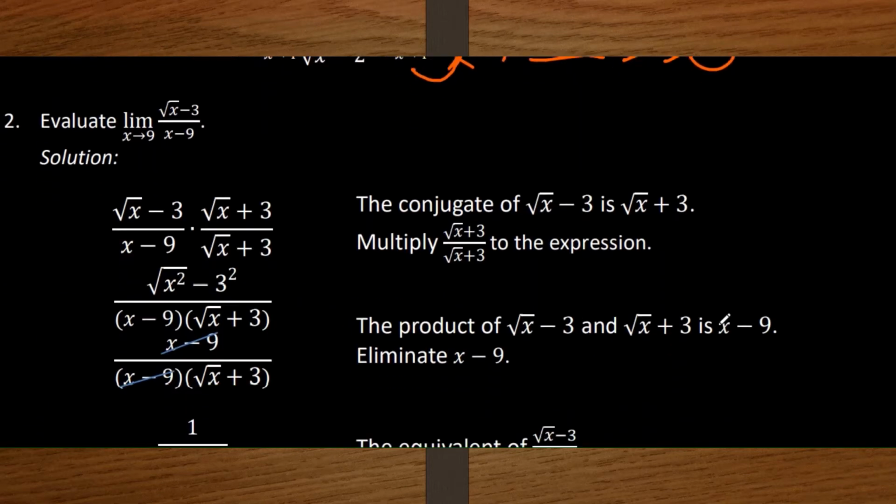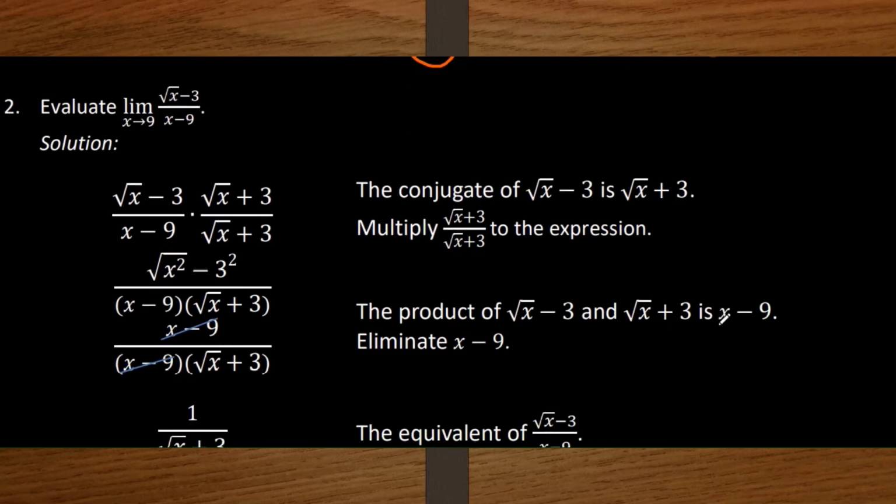Now in the second example, we are going to evaluate the limit of square root of x minus 3 over x minus 9 as x approaches 9. So here, square root of 9 is 3, so 3 minus 3 gives you 0 in the numerator. 9 minus 9 is also 0, so the 0 over 0 form is indeterminate. Now, subtraction is used, so the conjugate of square root of x minus 3 is square root of x plus 3.